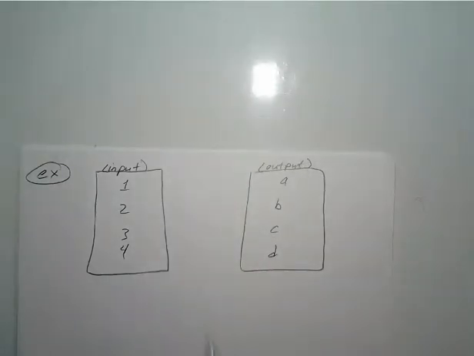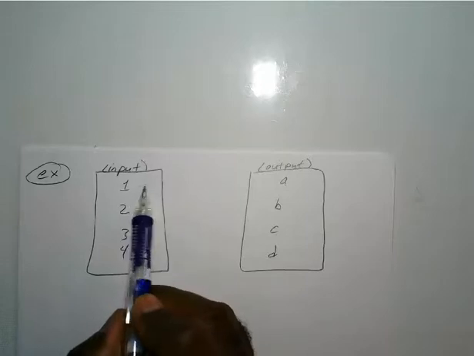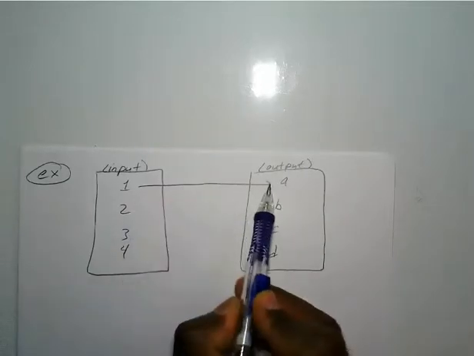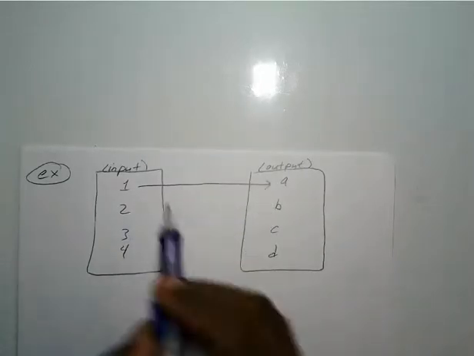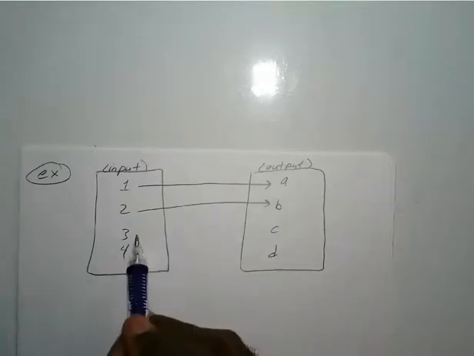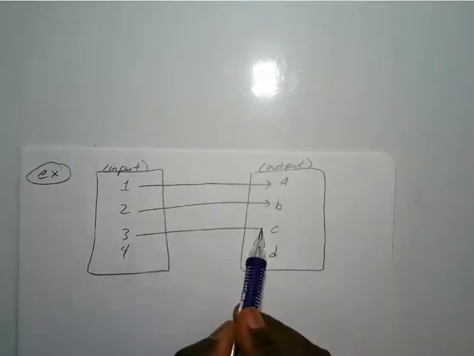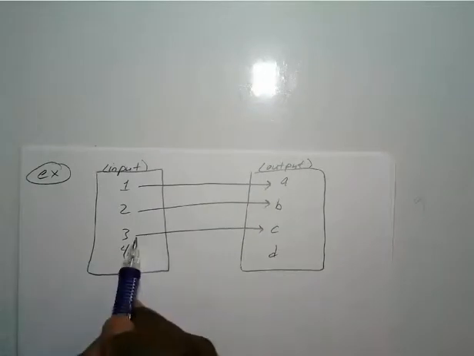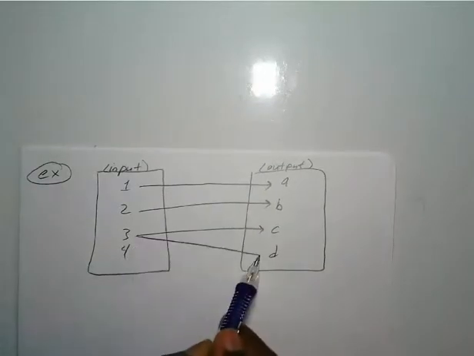Say 1 goes to A, 2 goes to B, 3 goes to C, and also 3 goes to D.